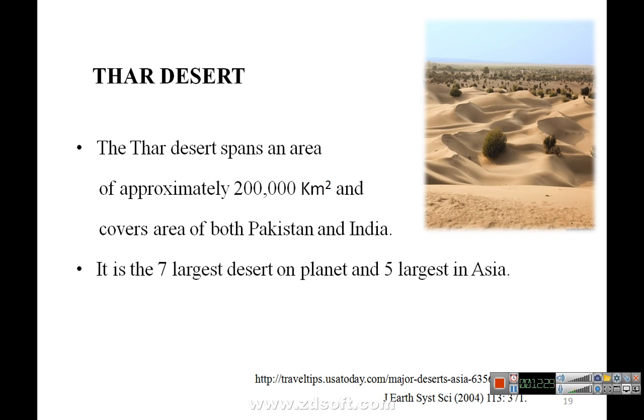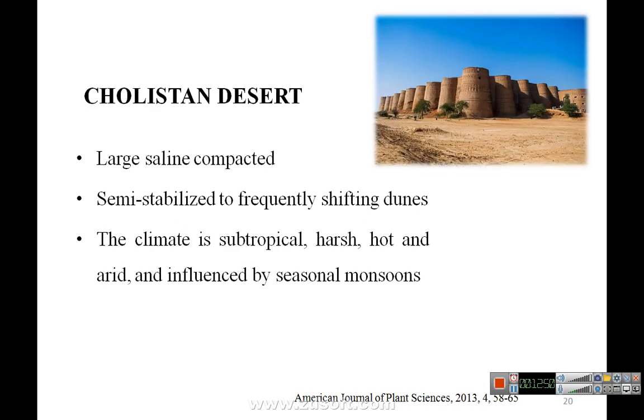It spans an area of approximately 200,000 square km and covers areas of both Pakistan and India. India has the larger chunk of this desert, but Pakistan also has a huge part. It is the 7th largest desert on the planet and the 5th largest in Asia.